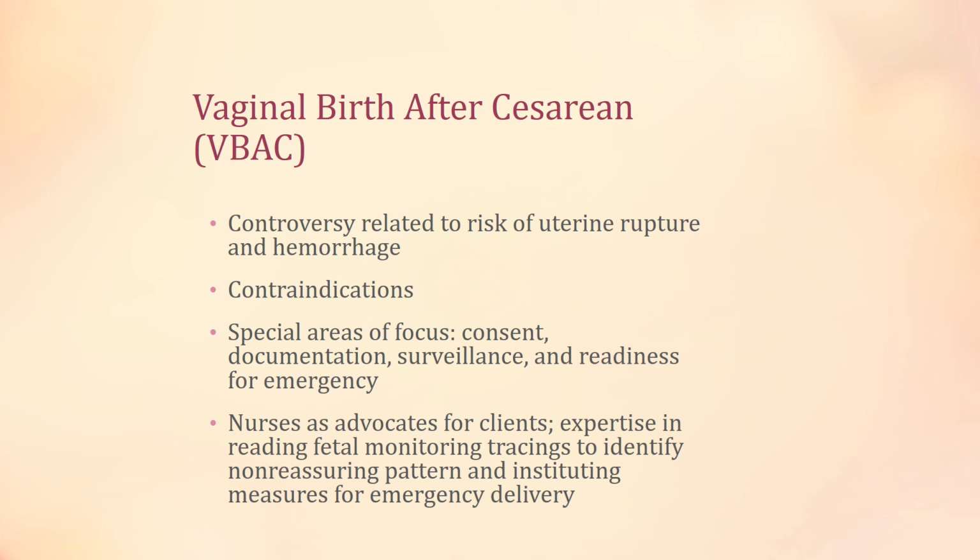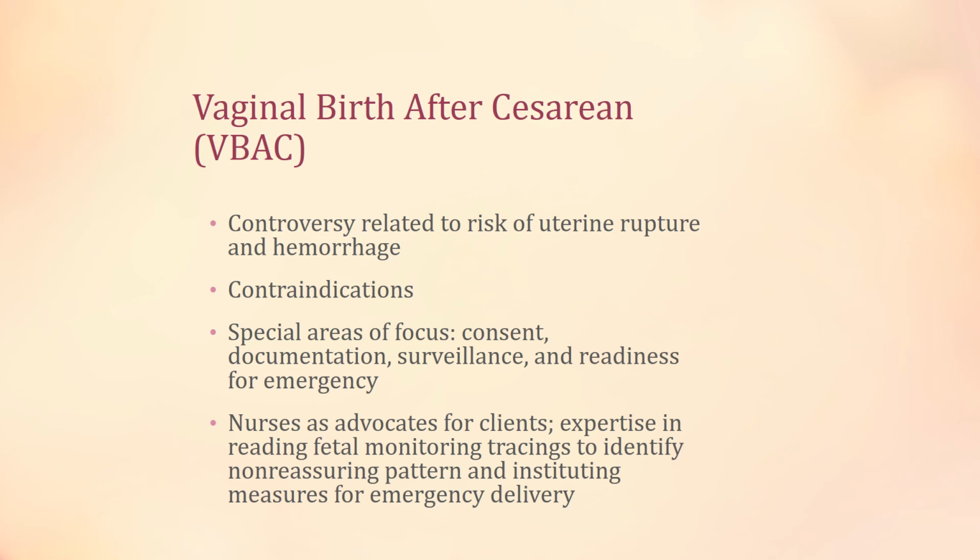If she is a classic cesarean, she should never be attempting a vaginal birth after cesarean. There are contraindications, uterine rupture being the main one. She has to be kept on a monitor. We have to have all the surgical crew in house ready for an emergency at all times, because if she ruptures, we have to be ready to go ahead and deliver the baby by section quickly.